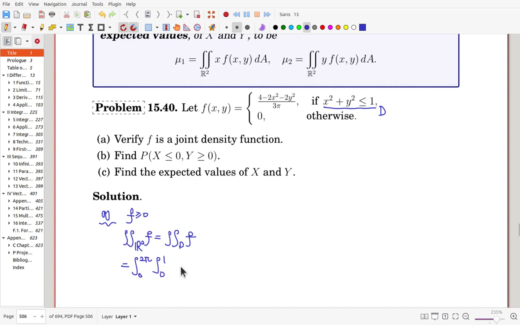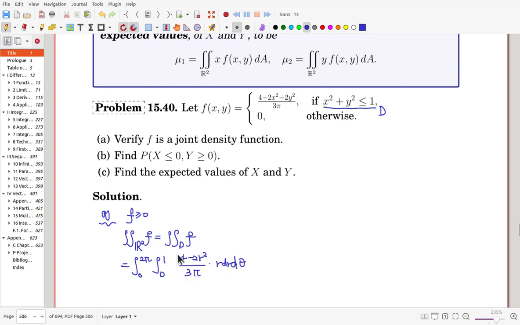Now, the integrand must be expressed as a function of r and theta. From this one, x squared plus y squared is r squared, so the numerator will be 4 minus 2r squared. On the bottom, we have 3 pi, and here dA must be changed to r dr d theta.